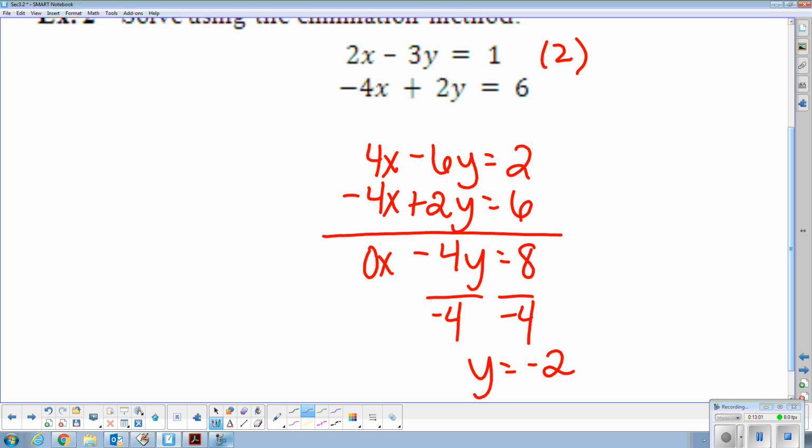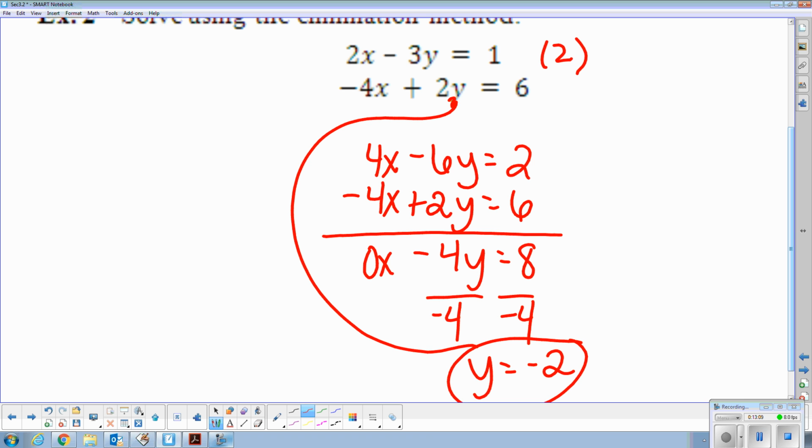Now the last step is to solve for our x variable. So we take this value for y and plug it in. It doesn't matter which equation you use, but plug it into one of your original equations. So if I plugged it back into the second equation, I would have negative 4x plus 2 times y, which is -2, and that equals 6.